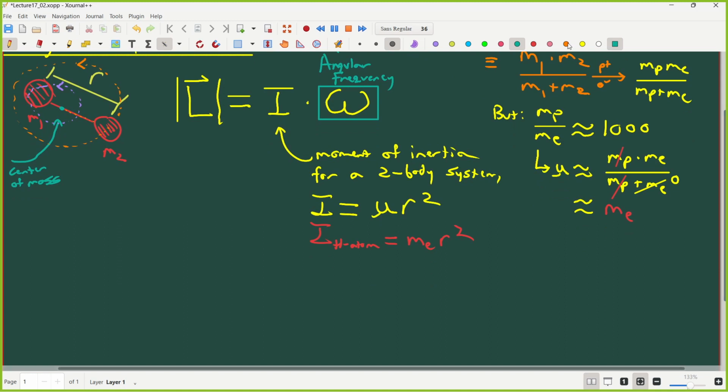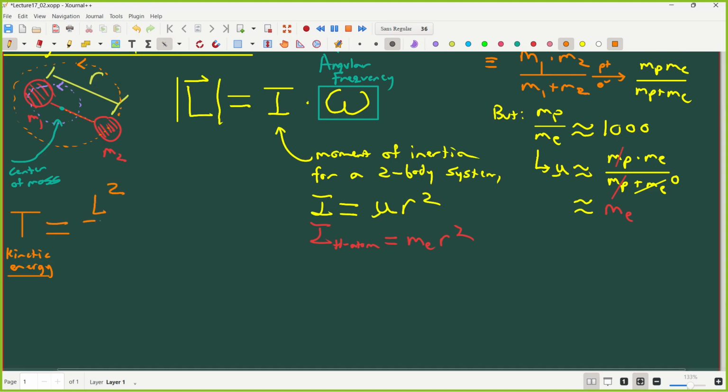Well, I mentioned this at the end of the last class. I'll just remind you that the kinetic energy, T, is equal to the square of the angular momentum divided by 2 times the moment of inertia.